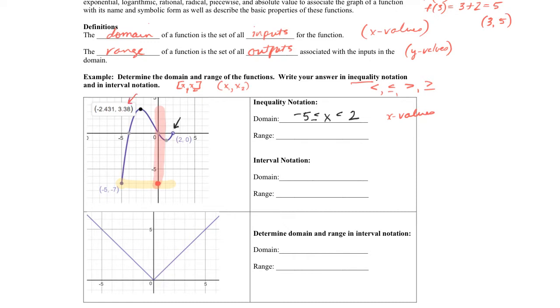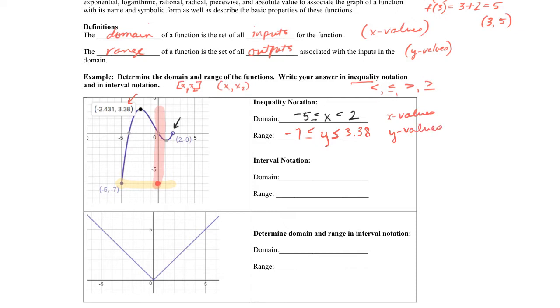So in inequality notation, y is going to be greater than or equal to -7, and less than or equal to 3.38. And so those are my y values. That's the range of the graph.